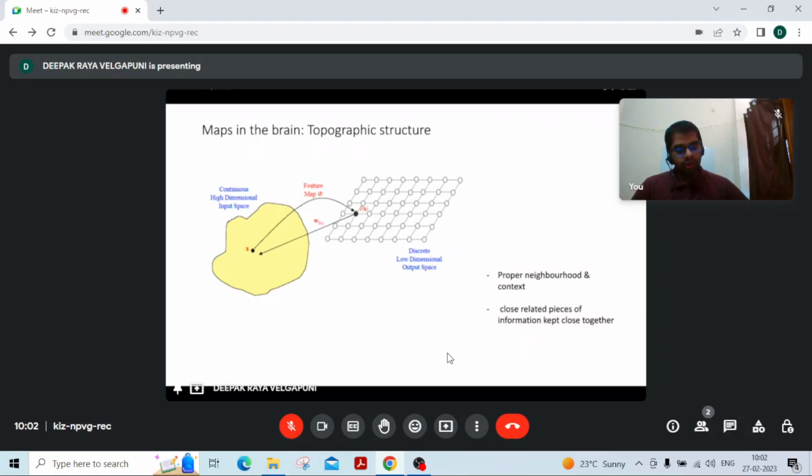So these are the two main principles of a map. Proper neighbors should correspond to proper neighbors, and also the context and closely related information is kept close together.